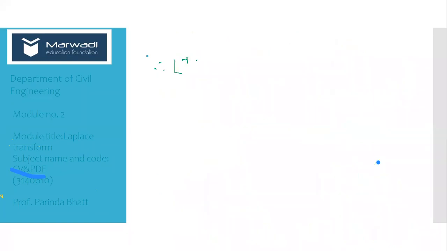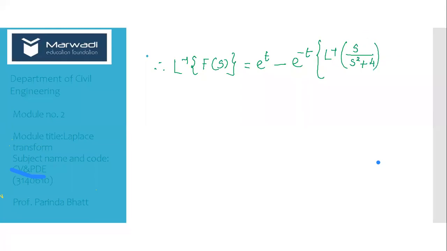Therefore, Laplace inverse of F(s) is e raised to t minus e raised to minus t into the bracket, separating the terms, s by s square plus 2 square, plus 3 Laplace inverse of 1 by s square plus 4.